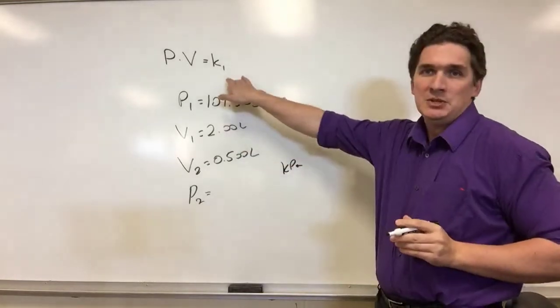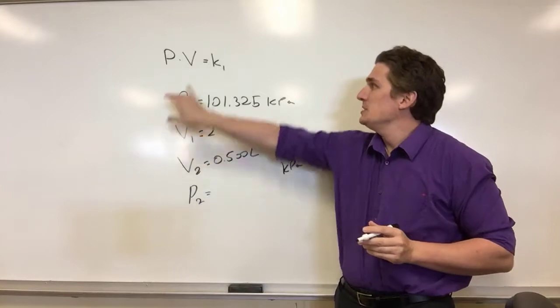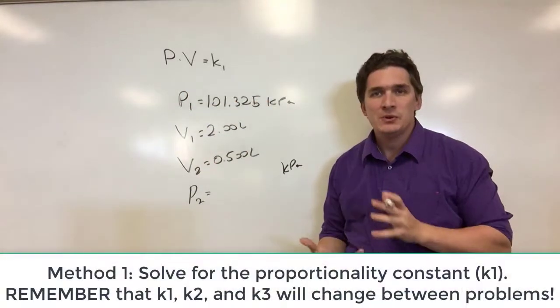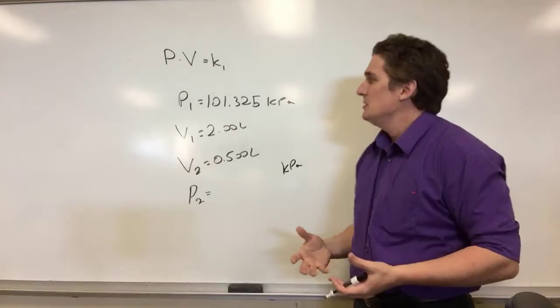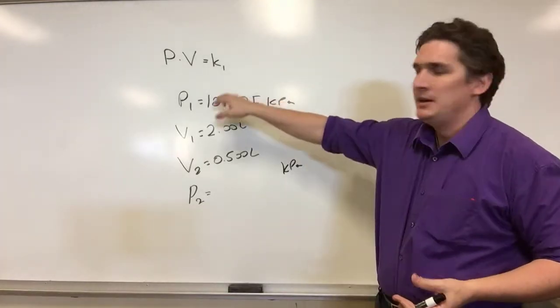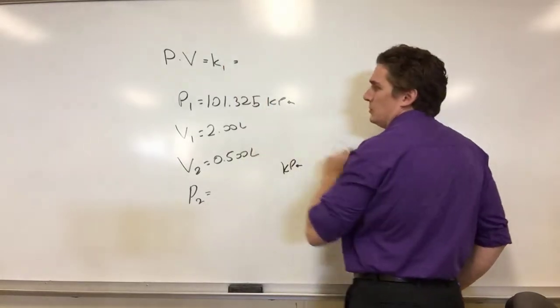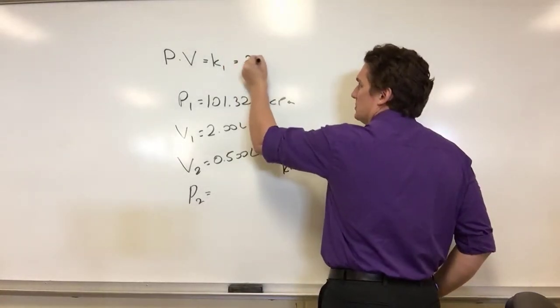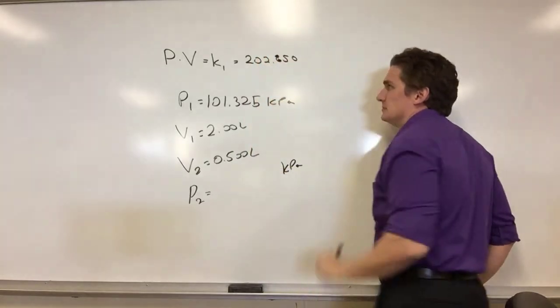Now, there's two ways we can use Boyle's law or Gay-Lussac's law or Avogadro's law. One is we can solve for this unknown K1, and this K1 is going to contain everything that's being held constant plus the ideal gas constant. So in this case, I know pressure 1 and volume 1, that has to equal K1. So 101.325 times 2 is 202.650.